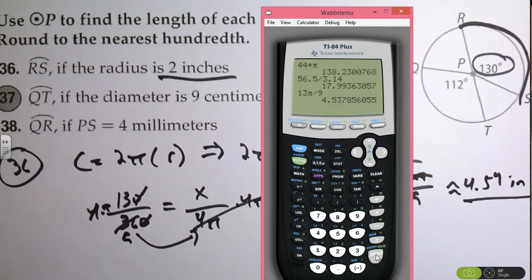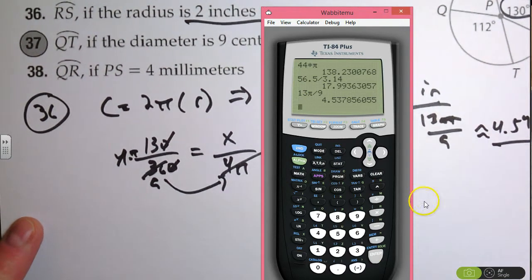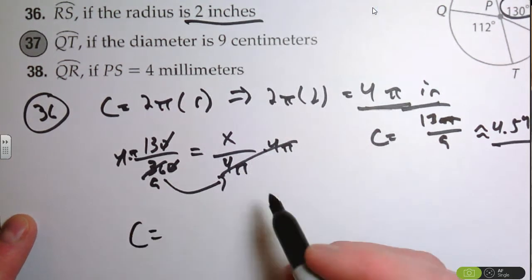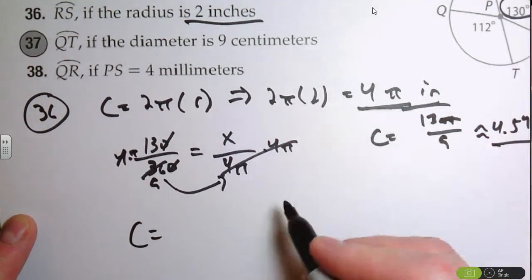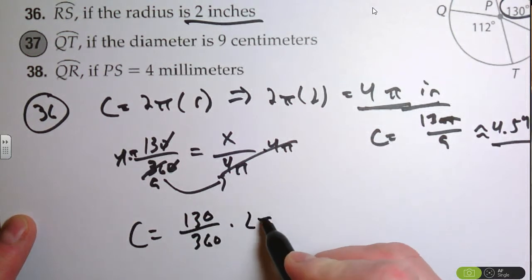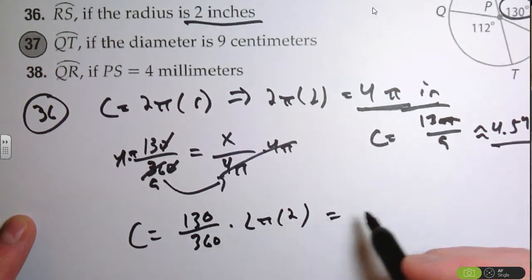So, same idea. The other way you could do it is this. Arc length is the angle that you have, which is 130, out of 360 times 2 pi times the radius. Or really, it's times circumference.